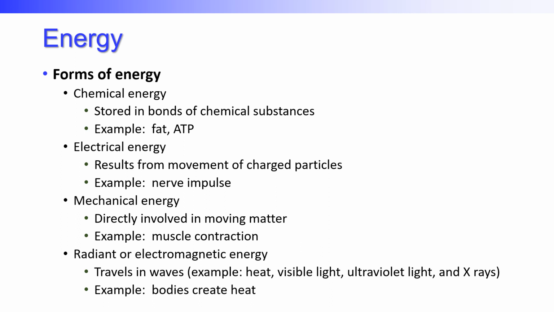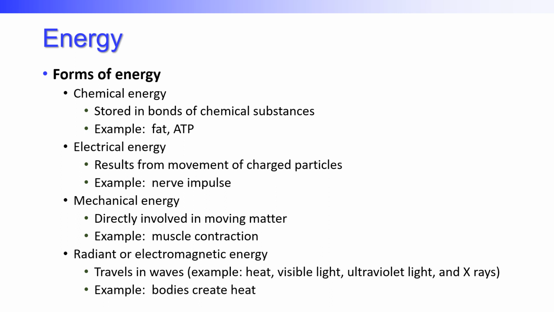Now, the one of these that the body actually generates is heat. So we have the capacity through our biological processes to release heat and generate radiant energy. That happens. But mostly what we can think of is that our bodies also have ways to manage many of these. For example, we utilize visible light in our sense of sight.